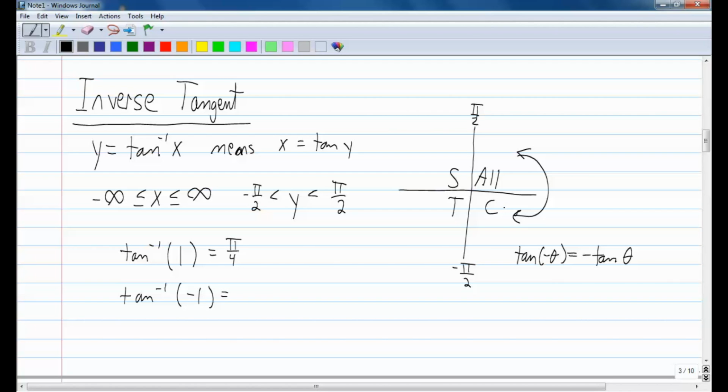So to get that, the shortcut way is to say, okay, the tangent of what is positive 1? Well, I just worked that out, pi over 4. To put that in the fourth quadrant, just put a negative in front of the angle measure. So the inverse tangent of negative 1 is equal to negative pi over 4.